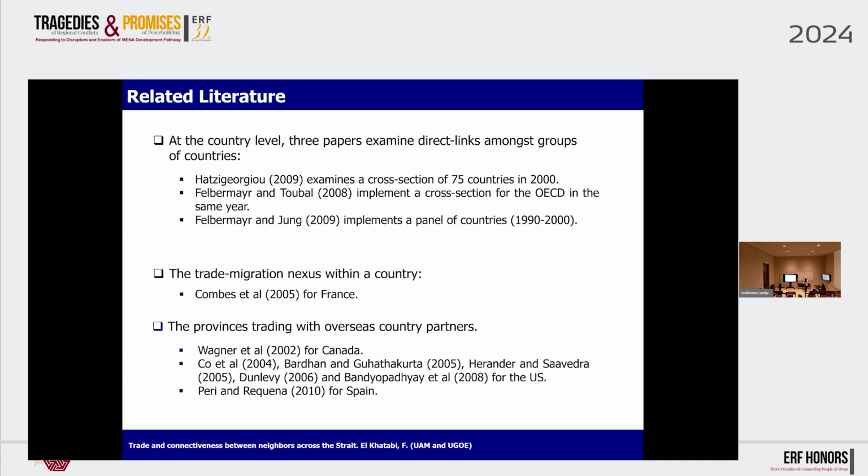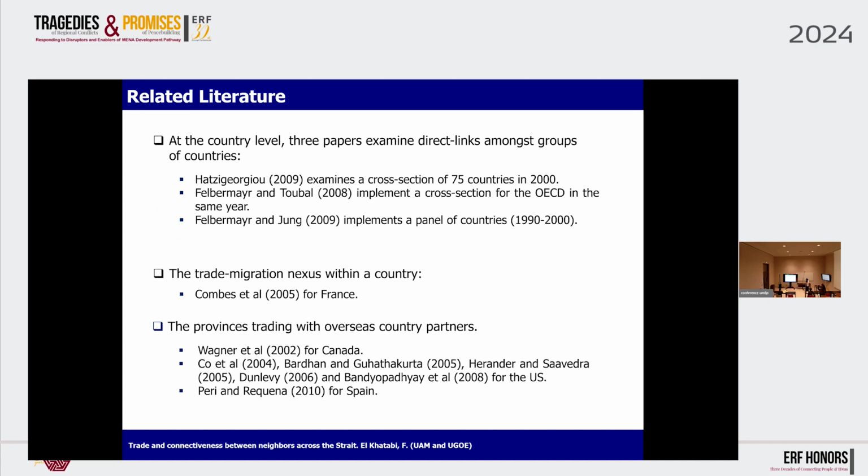There is other literature. I specified here 3 papers examining these direct links among a group of countries. For example, there are many examining the cross-section for 75 countries. Then Fiebelmeyer and Tubal in 2008 implement a cross-section for the OECD countries, and so on.